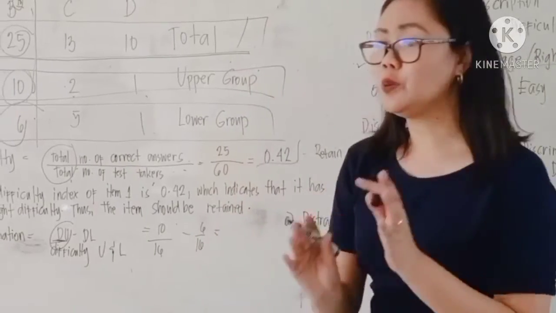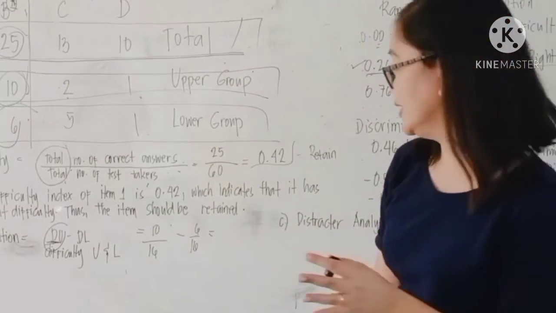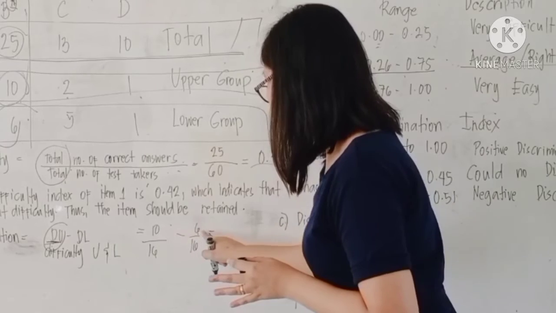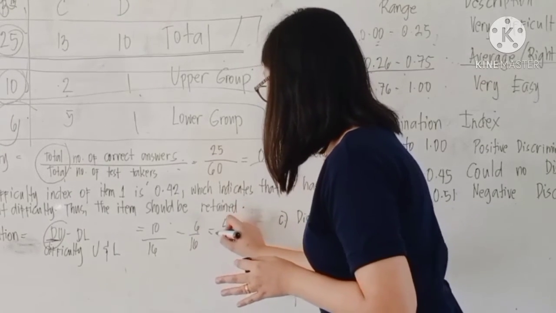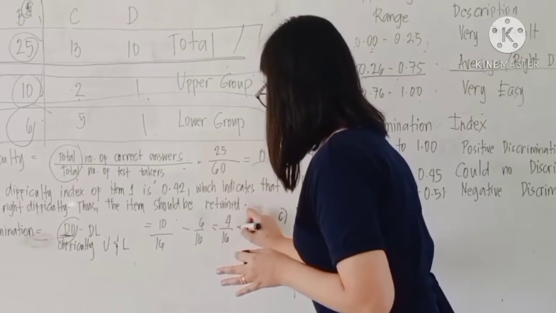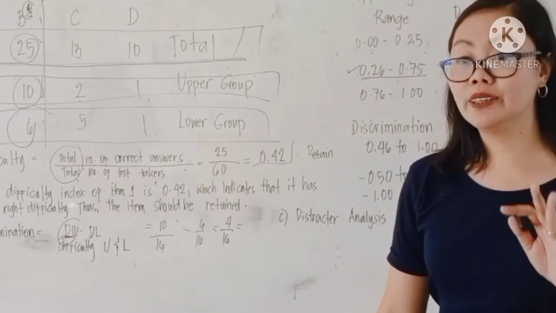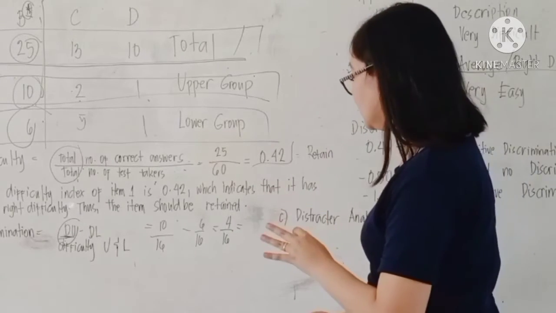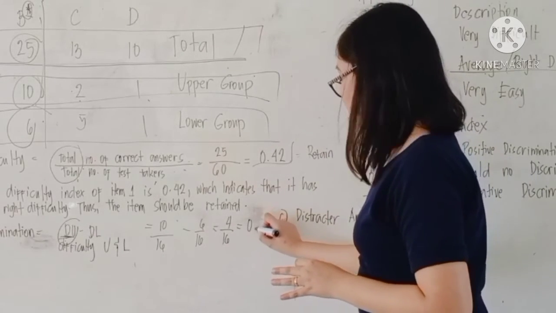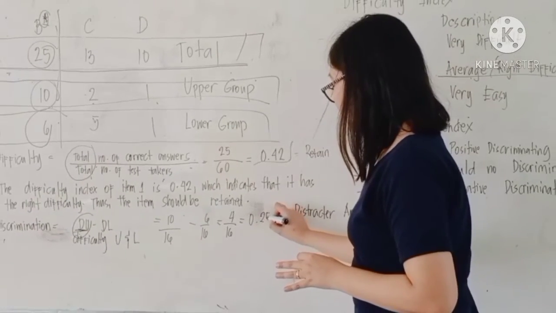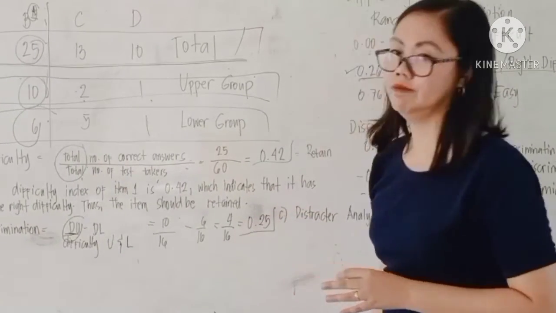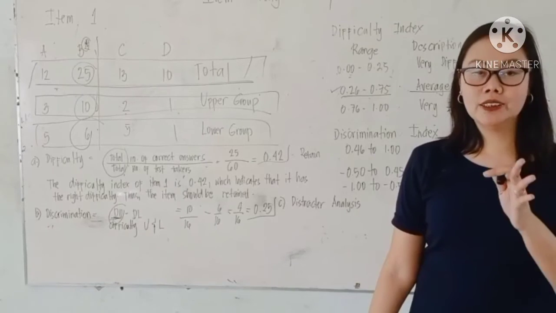So, pwedeng ang gawin mo na lang to make it easier is 10 minus 6 equals 4 over 16. Now, 4 divided by 16 equals, the answer is 0.25. Okay? So, the answer is 0.25.